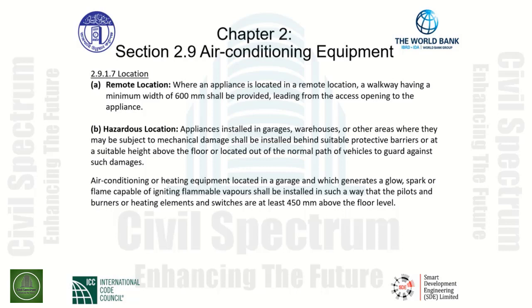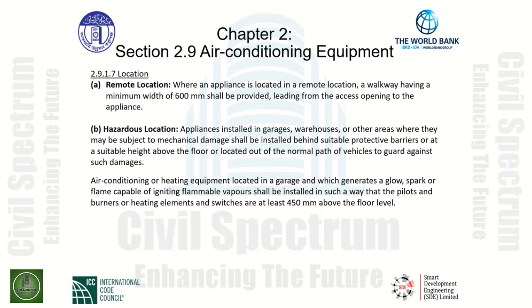Section 2.9.1.7 gives us further information regarding location. A, remote location: where an appliance is located in a remote location, a walkway having a minimum width of 600 millimeters shall be provided, leading from the access opening to the appliance.